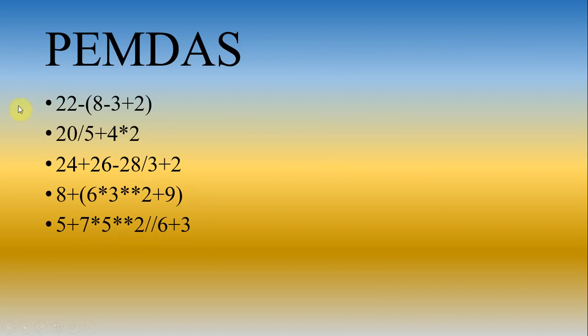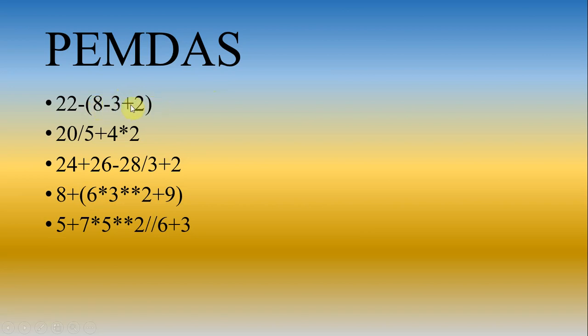Okay, so let us look at the first expression. We said that first is the parenthesis. So let us solve whatever is inside the parenthesis. I told you that addition and subtraction have the same priority. So we will go from left to right.